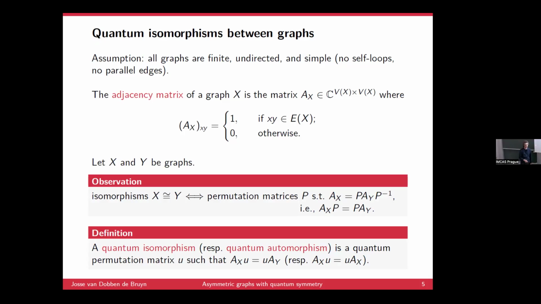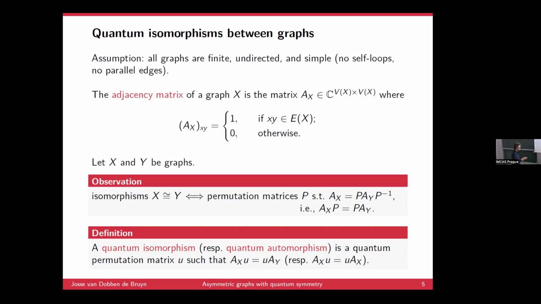Based on this, we define a quantum isomorphism, or a quantum automorphism. It's a quantum permutation matrix that intertwines the adjacency matrices. Or in the case of automorphism, it intertwines the adjacency matrix of X with itself.